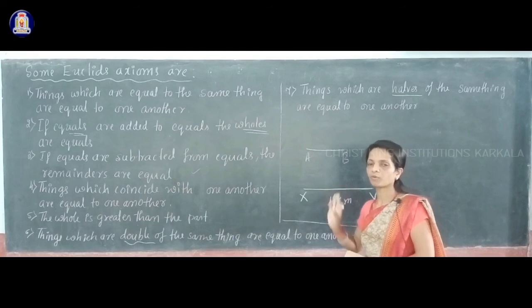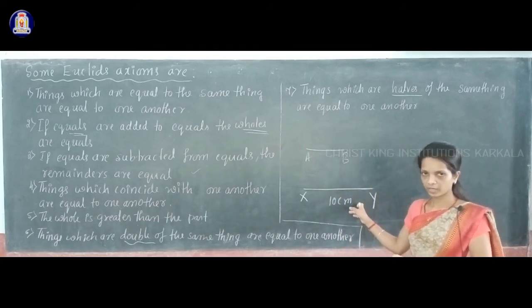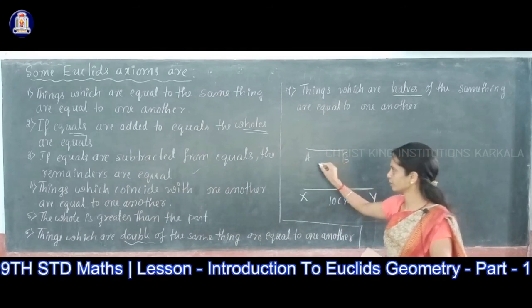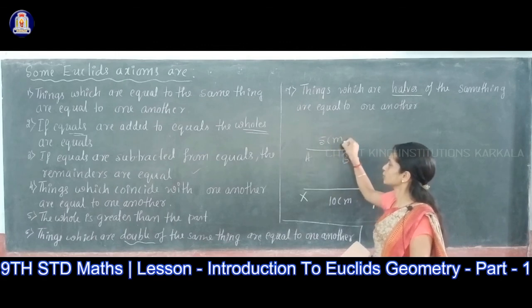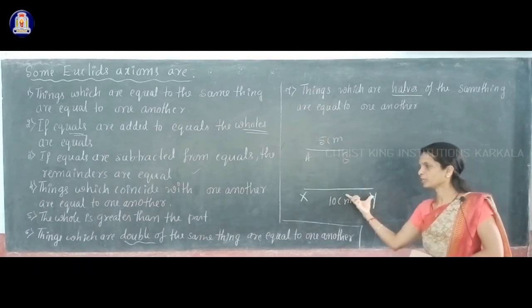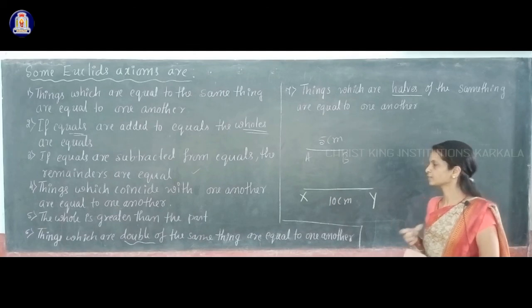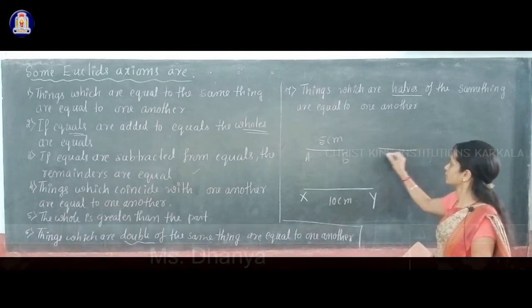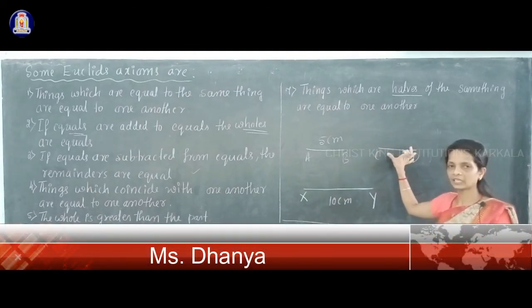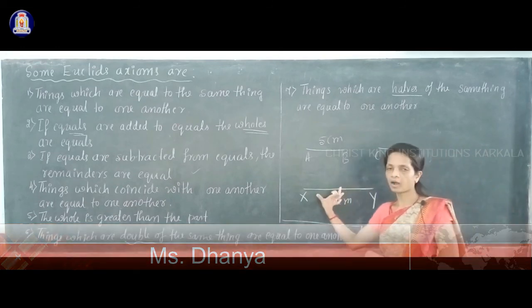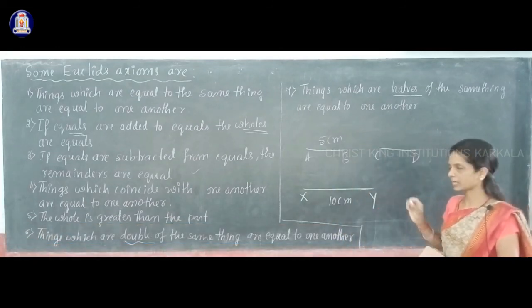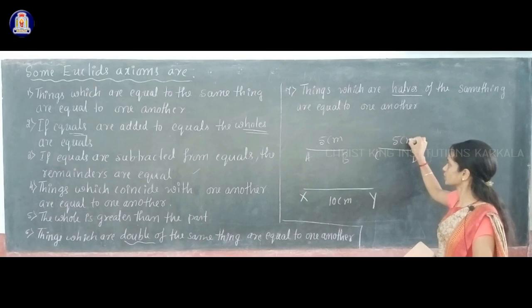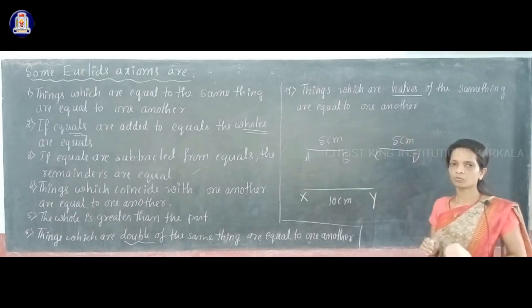AB is half of line segment XY, so what is the AB length? AB length is 5 centimeter. Now take one more line segment which is also half of XY. I'll call it CD. CD is also half of line segment XY, so CD length is also 5 centimeter.